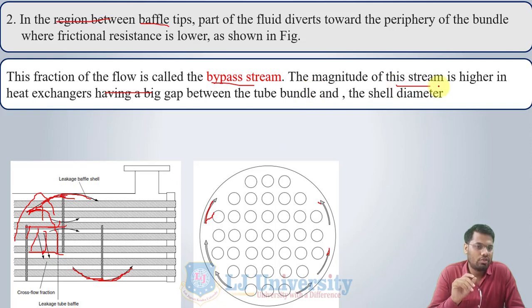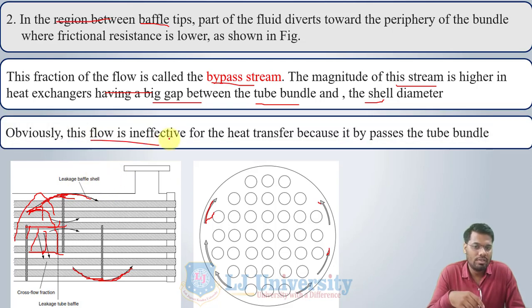The magnitude of this stream is higher in a heat exchanger having a big gap between the tube bundle and the shell diameter. This is the gap between the shell diameter and the baffles, or the tube bundle, from which the fluid passes from one side to the other without flowing over the surface of the tubes. Obviously, this flow is ineffective for heat transfer because it does not flow over the surface of the tube where actual heat transfer takes place.